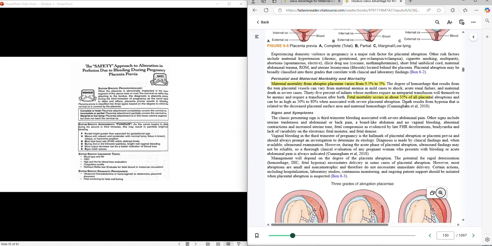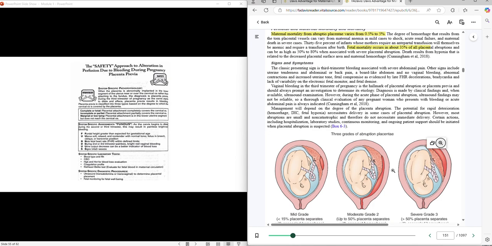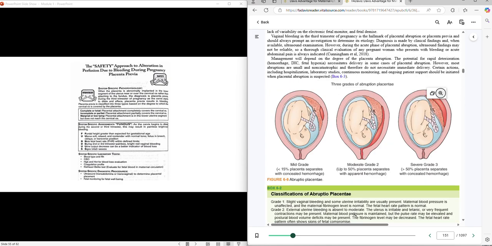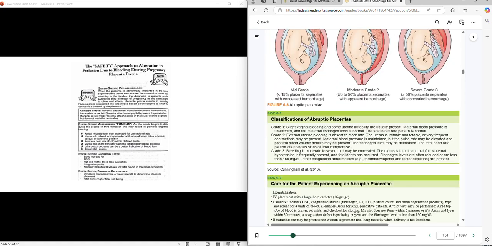That's why this rate is so high, okay? But you need to know those 3 grades. Grade 1 is slight vaginal bleeding, grade 2 is moderate, and grade 3 is severe.